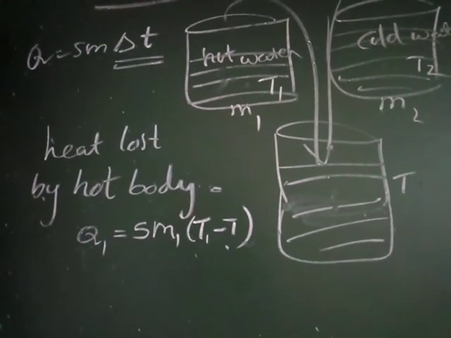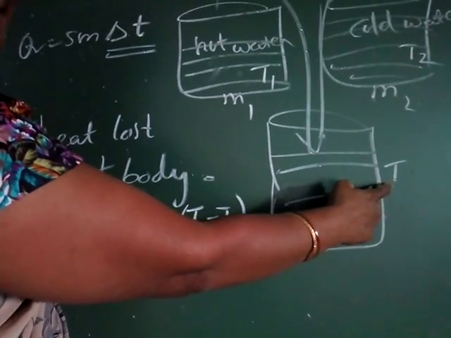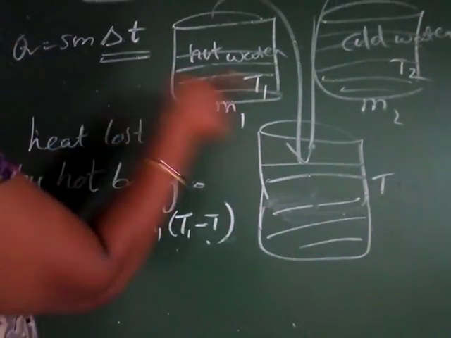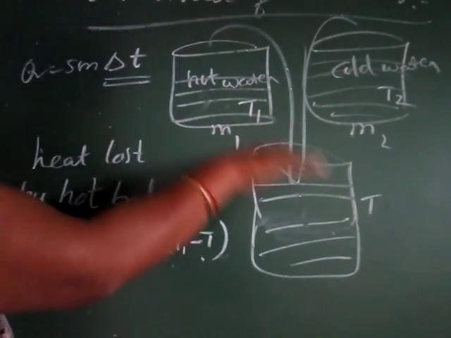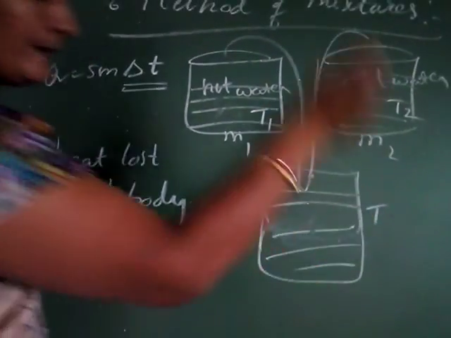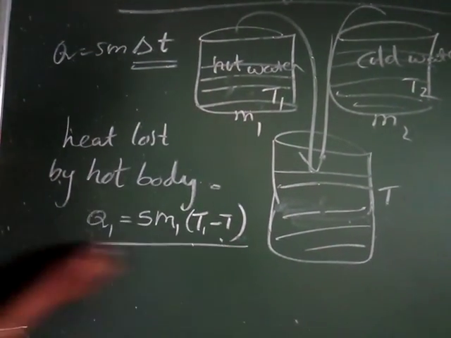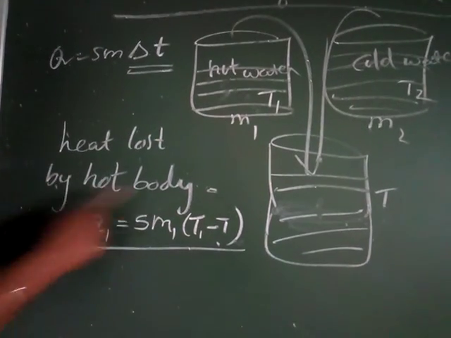T1 is the hotter body temperature, T is the mixture temperature, which is colder than the hot water. Because of the decrease in the hot water temperature from T1 to T, the difference is T1 minus T. This is the heat lost by the hot body.